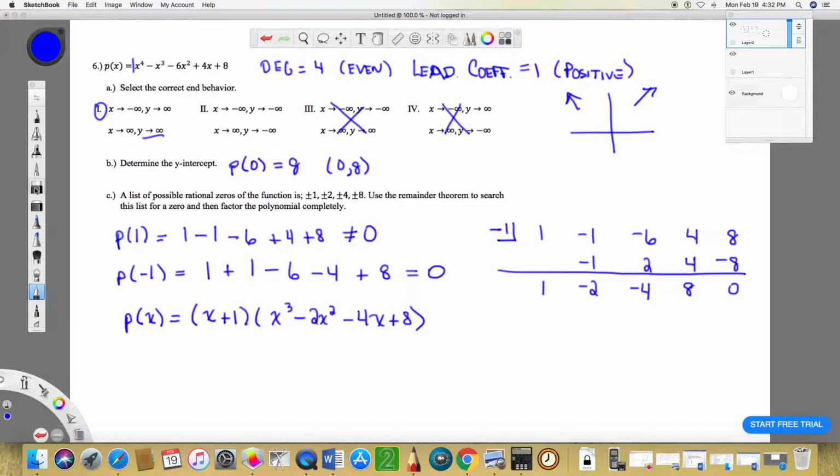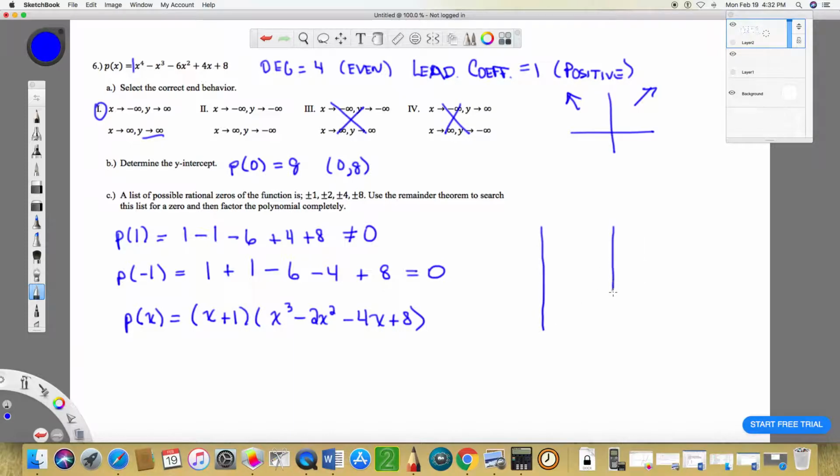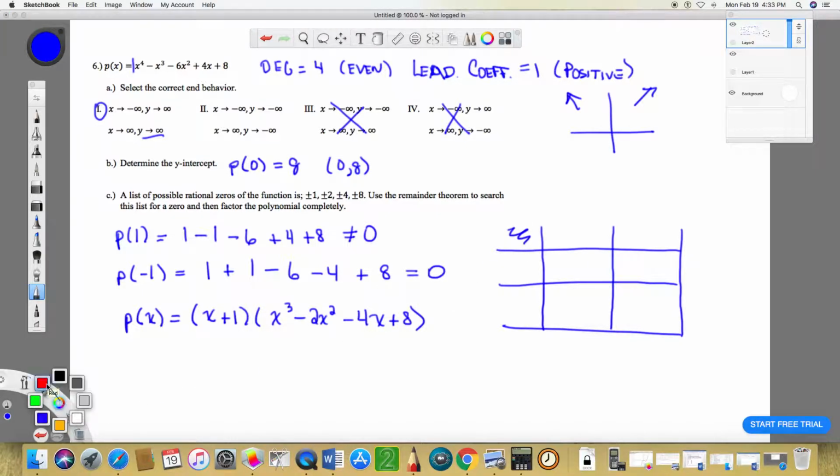So sometimes, definitely not all of the time, you have this cubic where it's set up that we can come in and write this in a table, but we just write it in our table from left to right.